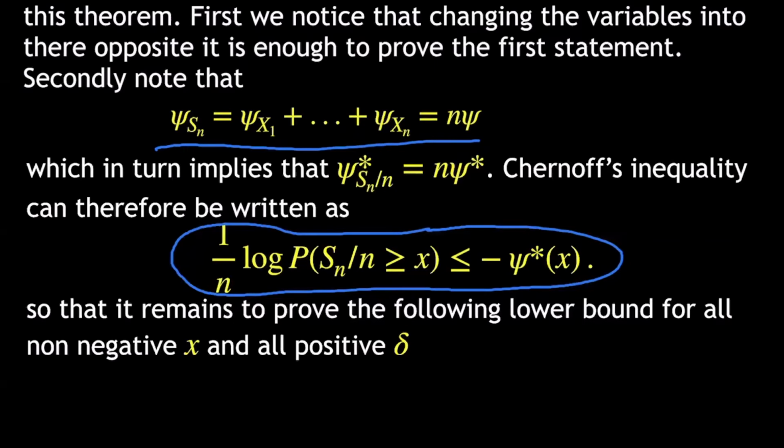And the upper bound on the lim sup is in fact non-asymptotic, that is, it is true for all values of n. So of course, this implies that the lim sup is smaller than that bound, but it's much stronger in some sense. It holds whatever the value of n. But the lower bound is asymptotic.